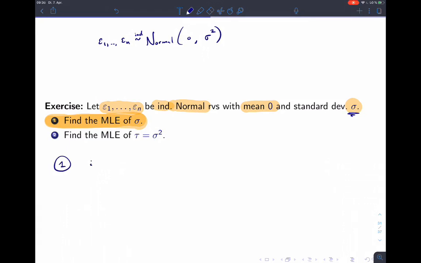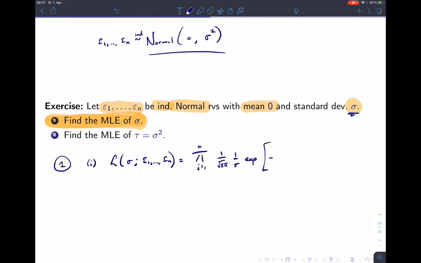So let's do this first one. We want to write down the likelihood function. Our parameter is sigma. Our data are these epsilons. So it's going to be the product of normal densities where mu is 0 and the standard deviation is sigma.